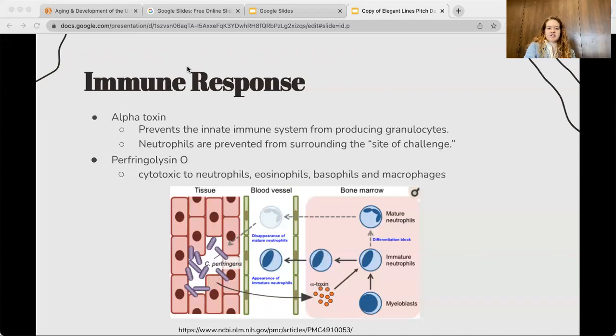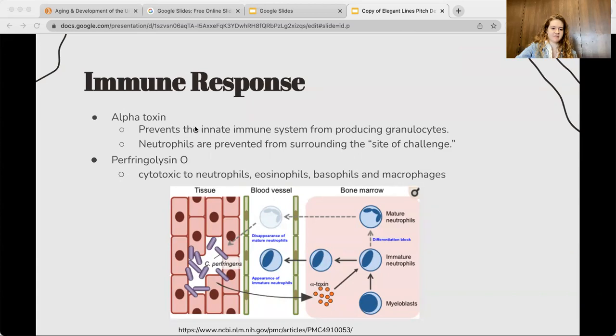And then there's also another toxin that is produced by the bacteria, and that's the theta toxin, which is also known as perfringolysin O. And this causes cell death, basically, of neutrophils, eosinophils, basophils, and macrophages.